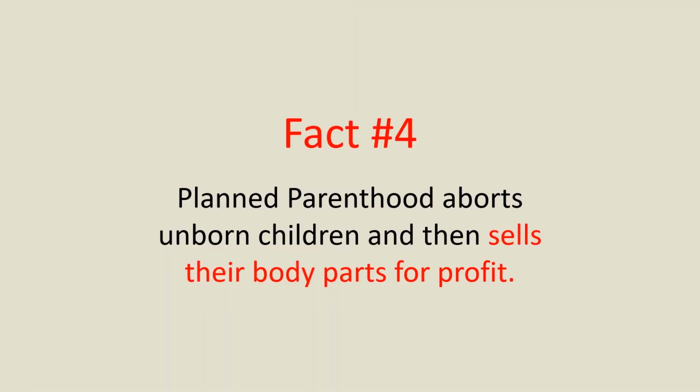Fact number 4, Planned Parenthood aborts unborn children and then sells their body parts for profit. They defend this practice as, quote, reasonable reimbursement for tissue donation services, but undercover video proves otherwise. Video, by the way, the Fifth Circuit Court of Appeals deemed to be authentic and not deceptively edited. And as a former clinic director of Planned Parenthood in Houston testified, just her center alone generates more than $1 million per year from this, quote, donation of fetal body parts.